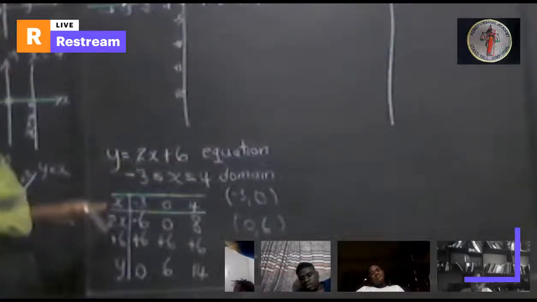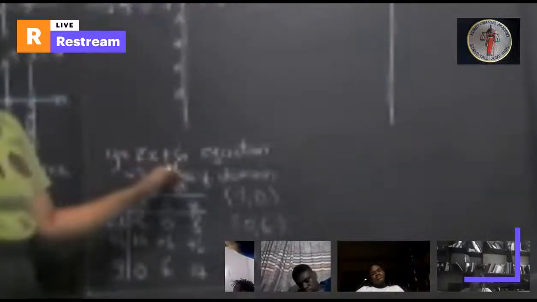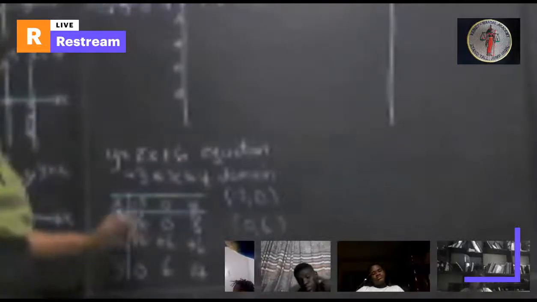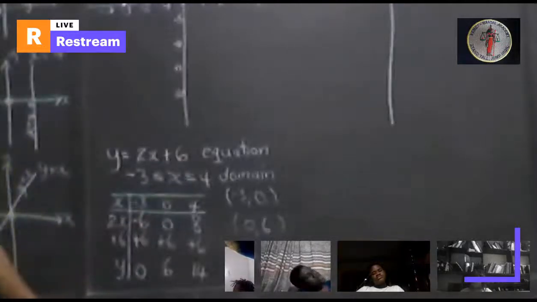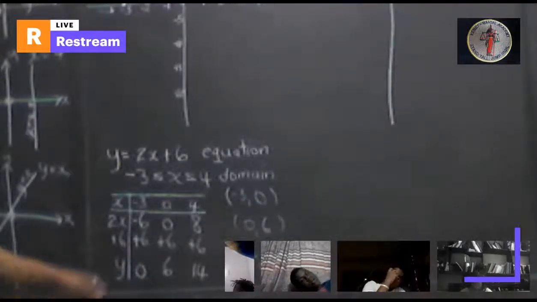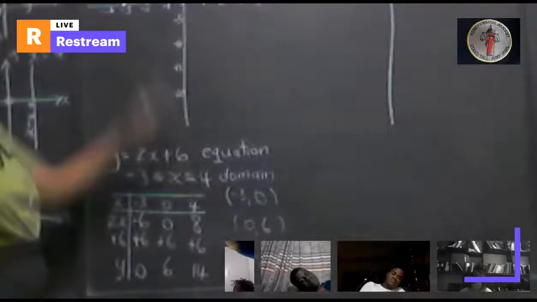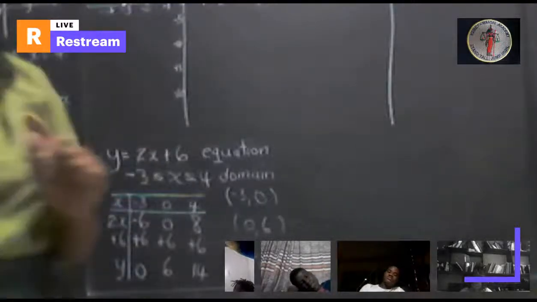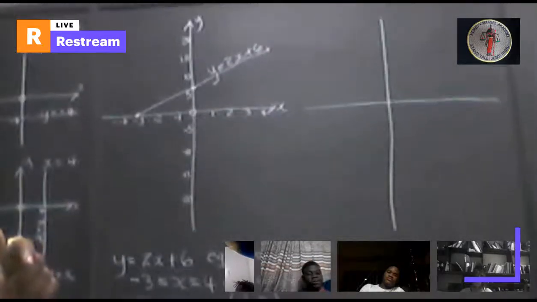So that's in this row. Each of these times 2. And then I was told to add 6, which I did. I added 6 to each of them. And those were the values that I got. So plotting these values on the graph, that's the line that I got.